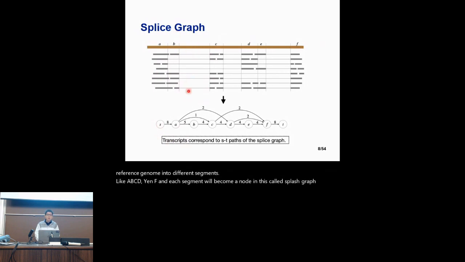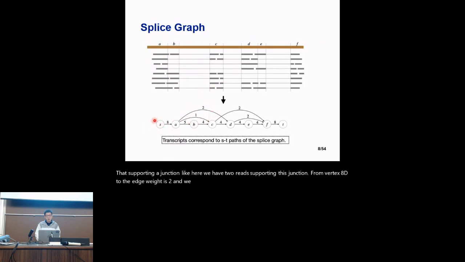Junctions are modeled as edges in this graph, and the edge weight is calculated as the number of reads supporting a junction. Like here, we have 2 reads supporting this junction from vertex A to D, so the edge weight is 2.